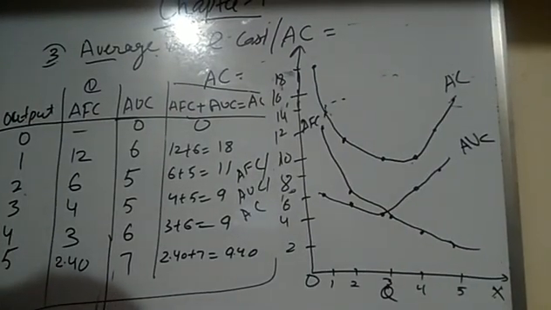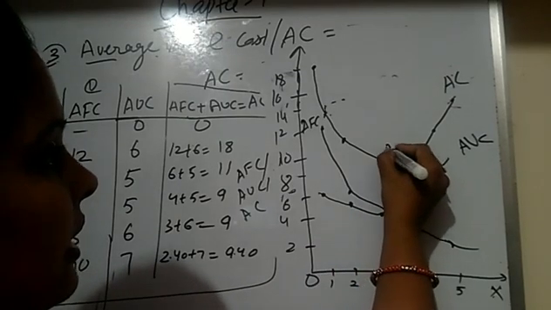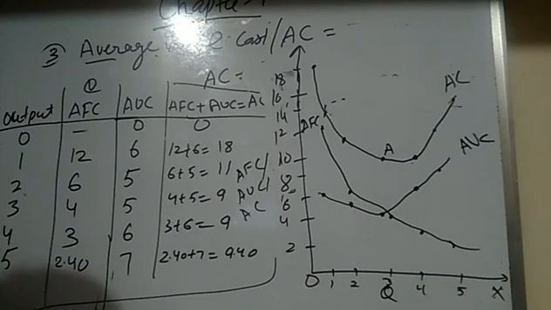After that, the minimum point of the AC curve, point A. So this is point A. At point A, it is 9.